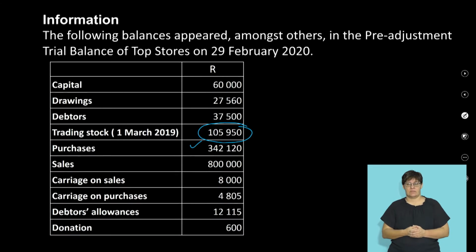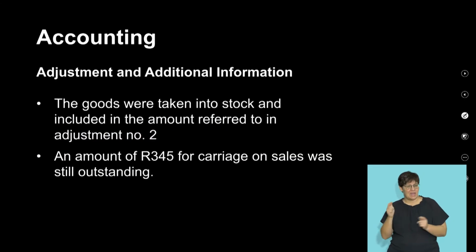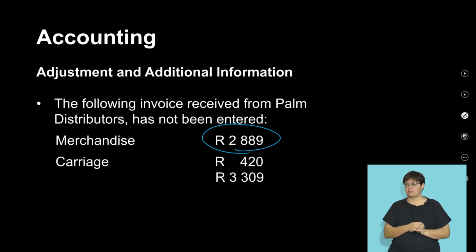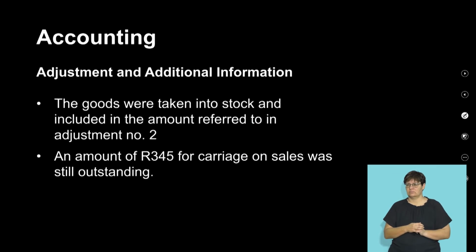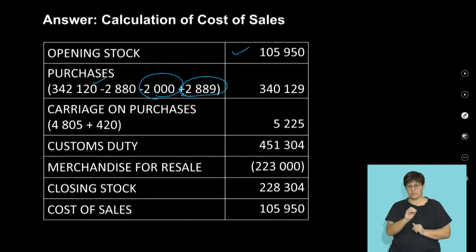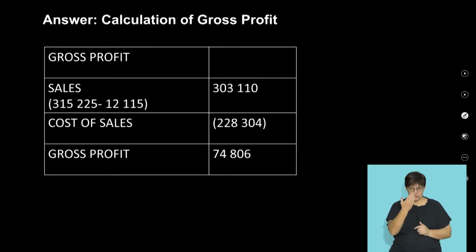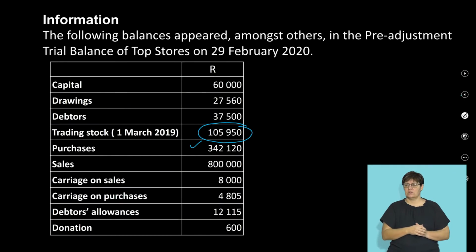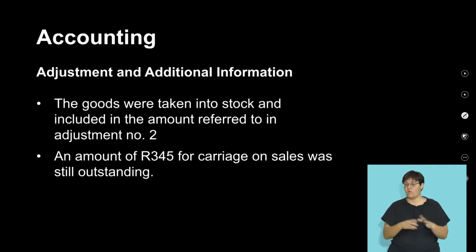And then there was another adjustment for stock. Let's find that one. We've entered the 2,889. We've done that one. So therefore, we've identified all our adjustments with regards to stock.